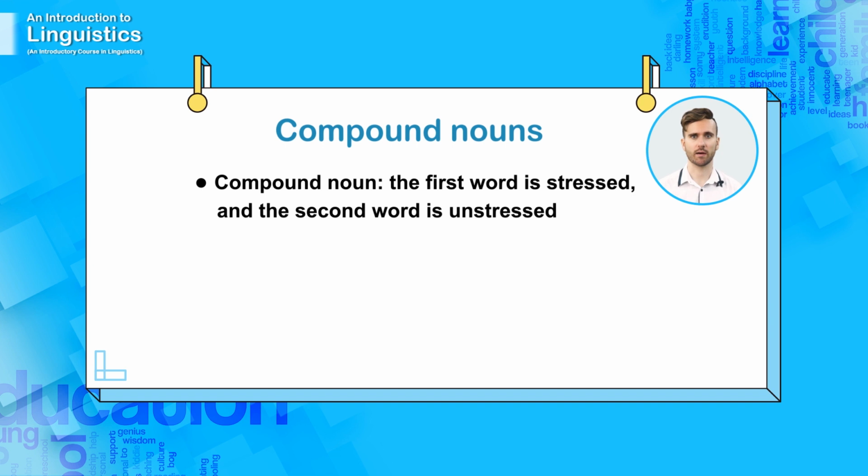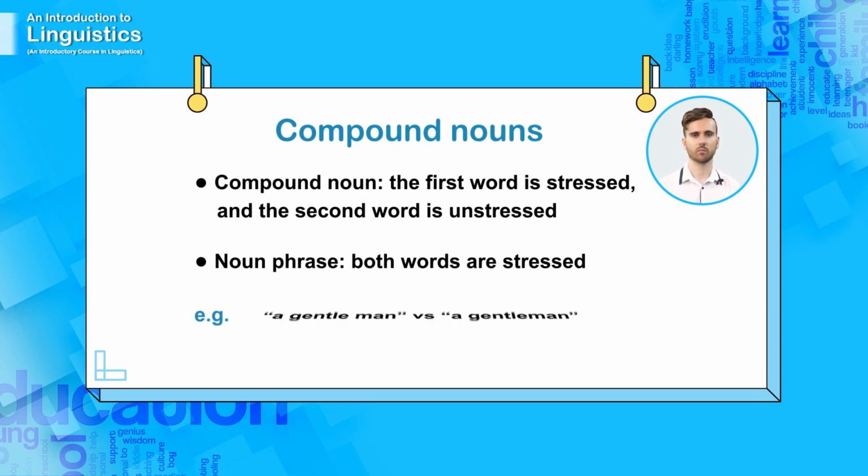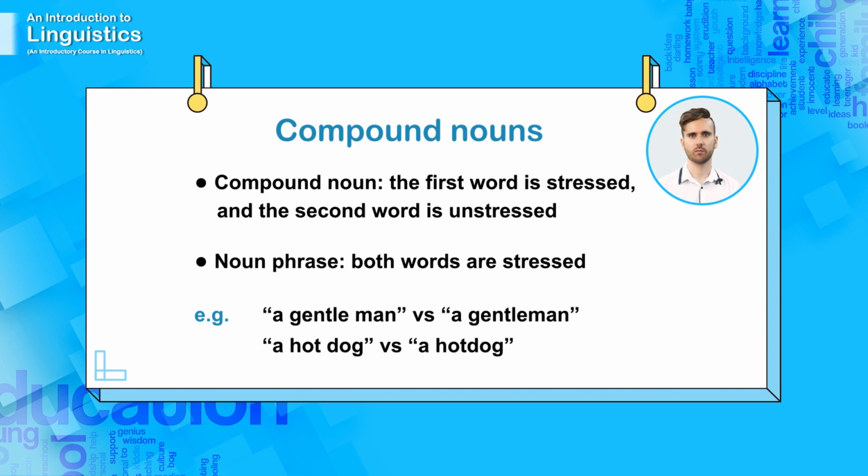When you say a compound noun, the first word is stressed, and the second word is unstressed. When you say a noun phrase, both words are stressed. For example, a gentleman versus a gentleman. A hot dog versus a hot dog.